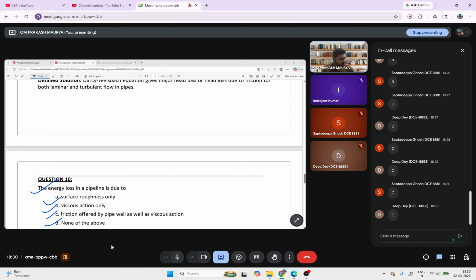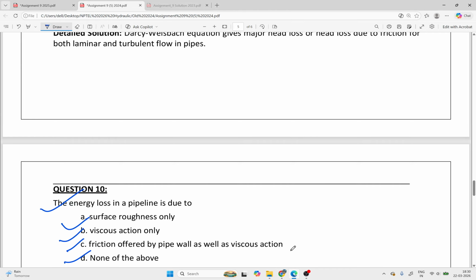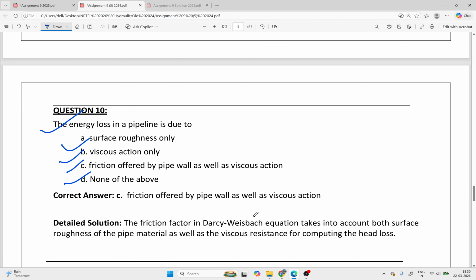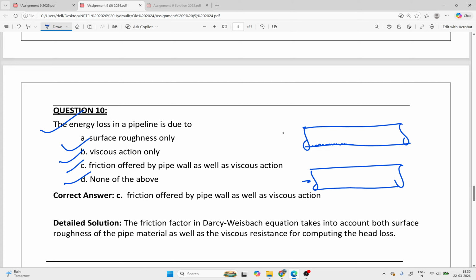Yes, definitely it will be correct, because as we have seen, your fluid properties as well as your pipe properties are both responsible for the friction factor. Like if you have one pipe, the pipe quality, that is pipe roughness, this is your entry, this is your exit, so whether the roughness is like that.